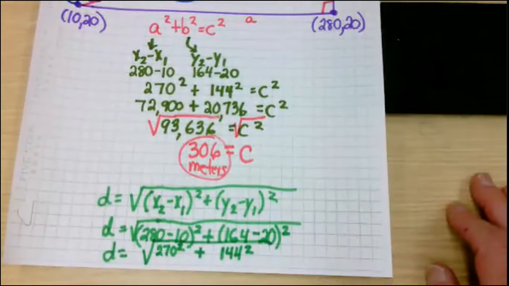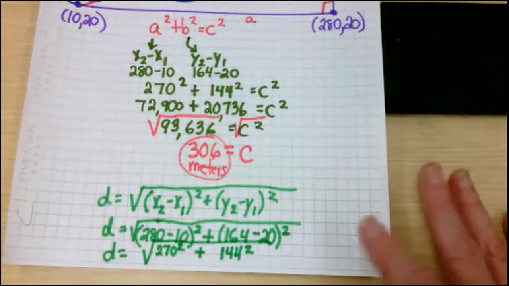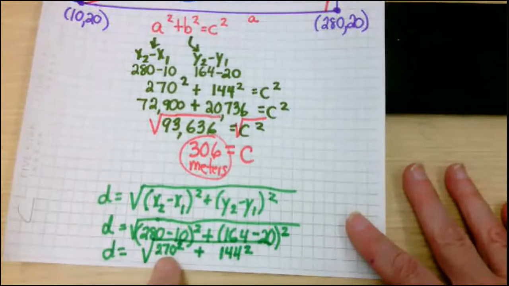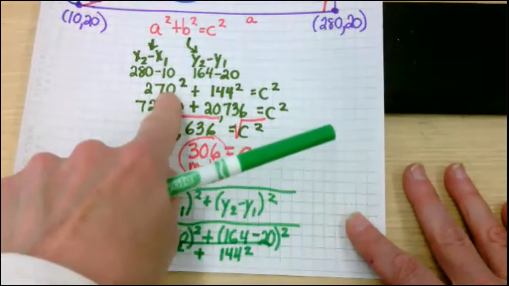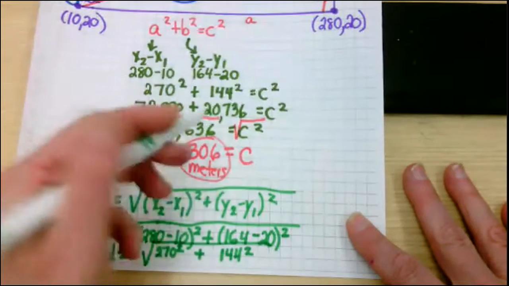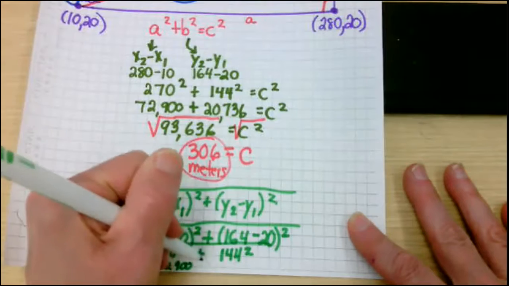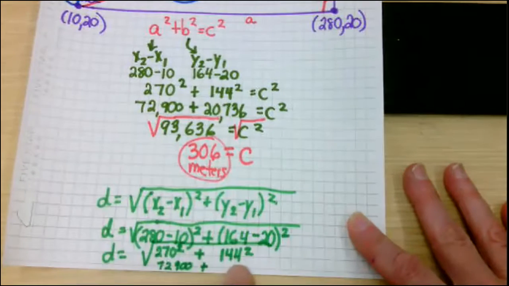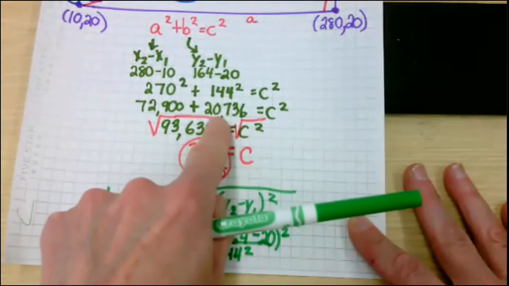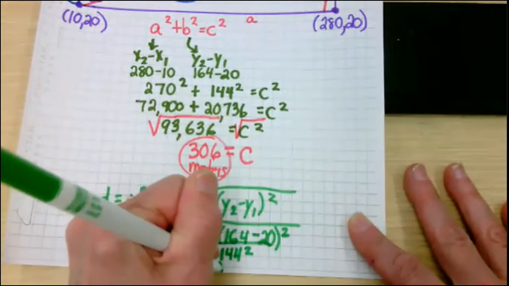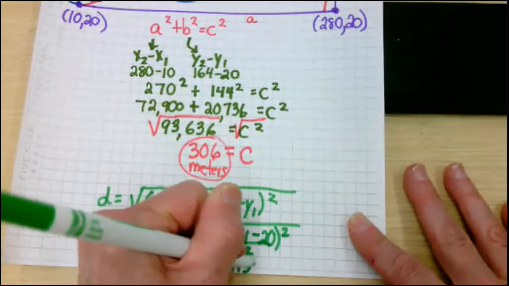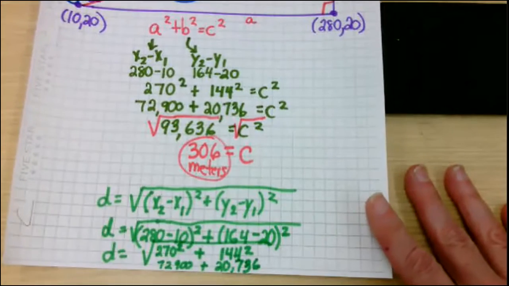You see how it's exactly the Pythagorean theorem? So we already figured out 270 squared is up here, 72,900 plus 144 squared, we figured out up here to be 20,736.